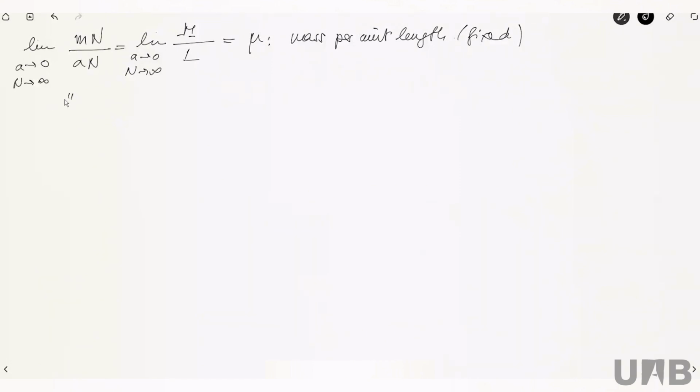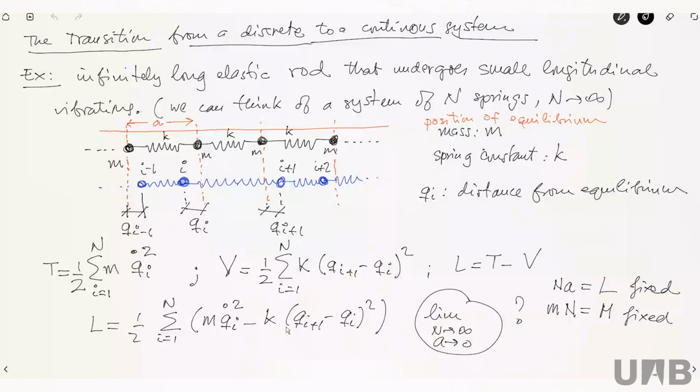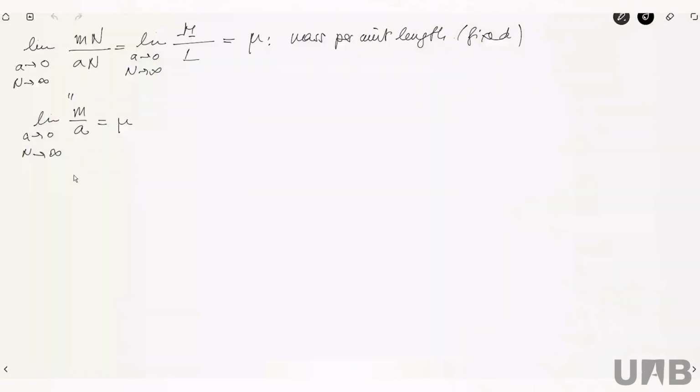And of course, this is the same as the limit when A goes to 0 and n goes to infinity of, I can cancel the n's, of m divided by A. So this is also mu. Good. So let's go back. We have our Lagrangian, and we're going to start putting here A's and N's so that I can take the limit, fixing mu to be a constant.